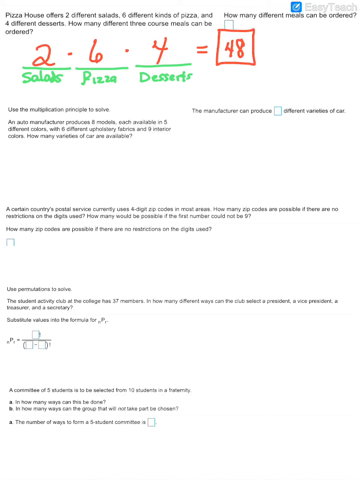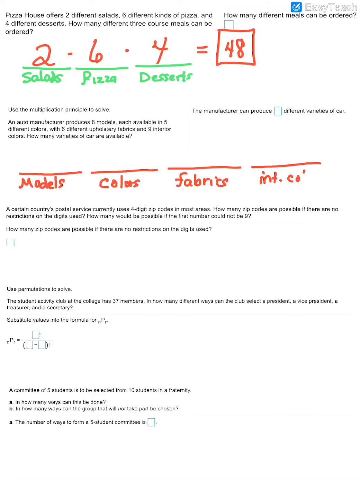In my second example, I have an auto manufacturer who produces 8 different models, and each is available in 5 different colors with 6 different upholstery fabrics and 9 different interior colors.